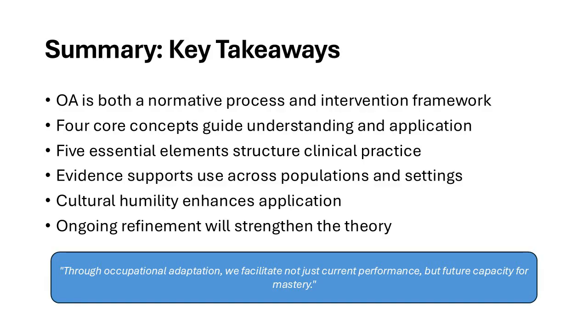And in practice, we use those 5 essential elements: holistic assessment, focusing on roles, client as agent, using occupations, and aiming for mastery and capacity. Always remembering that cultural humility piece when we look at relative mastery and adaptive capacity. Absolutely. And maybe we can leave listeners with that forward-looking thought from the material, the one that really sums up the purpose. Go for it. Through occupational adaptation, we facilitate not just current performance, but future capacity for mastery. That future capacity, that's the ultimate contribution, isn't it? Building resilience. That's the goal.